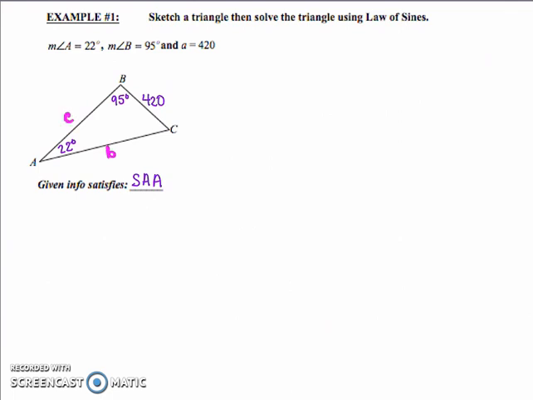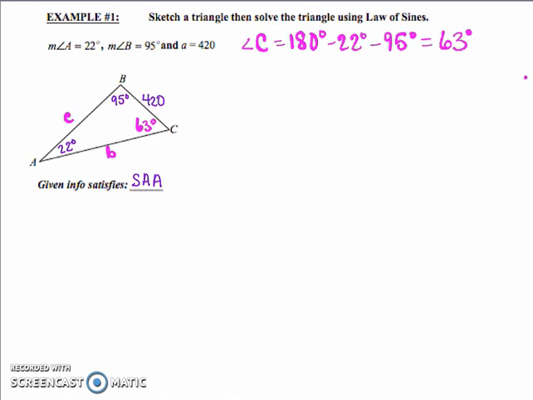And angle C is easy to figure out because I can just subtract. So actually, let's start by solving for angle C. Angle C is just going to be equal to 180 degrees minus 22 degrees minus 95 degrees, which tells us that angle C has to be 63 degrees.